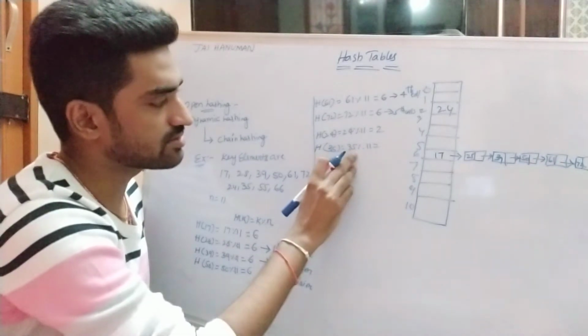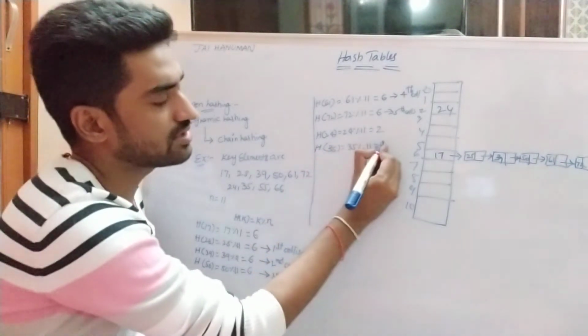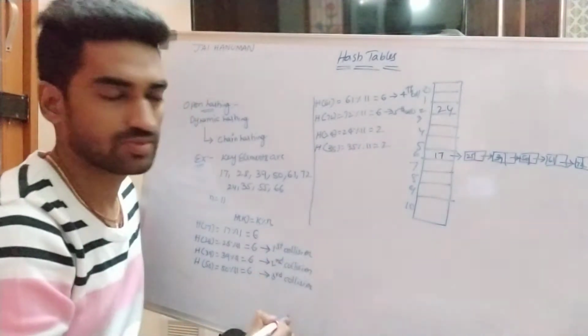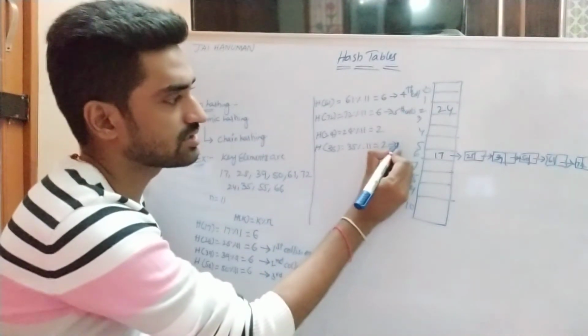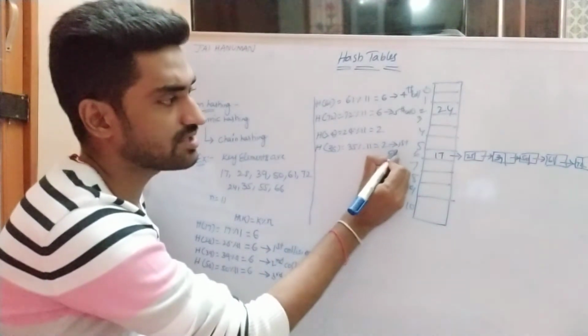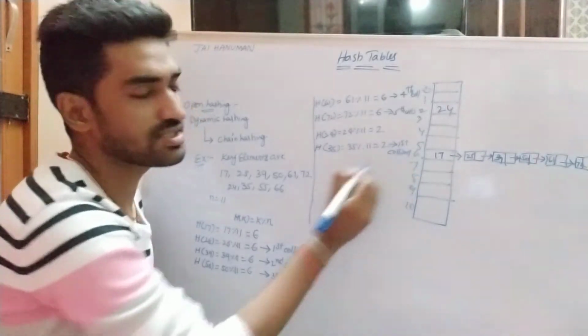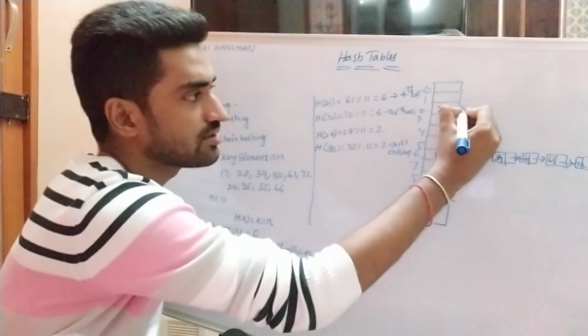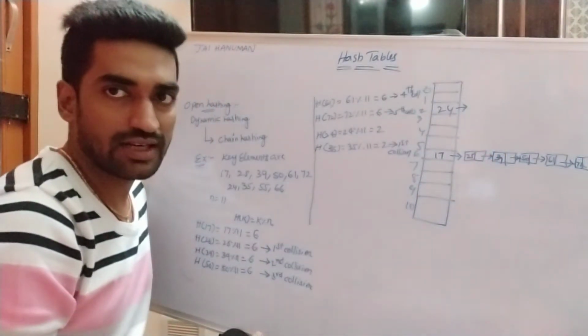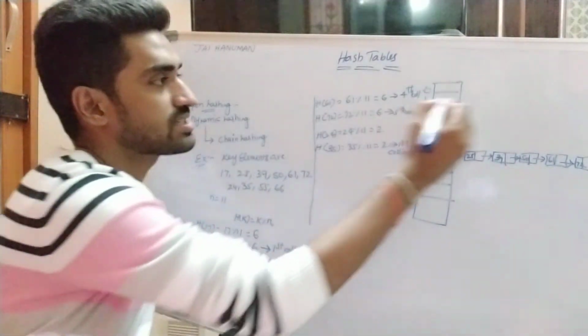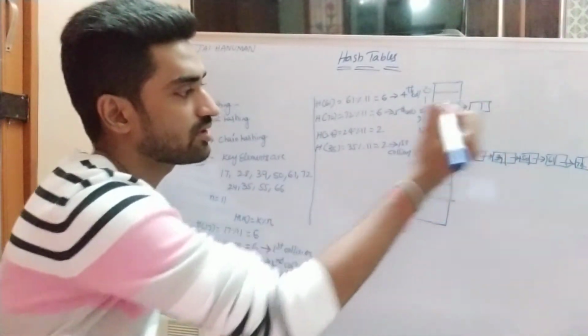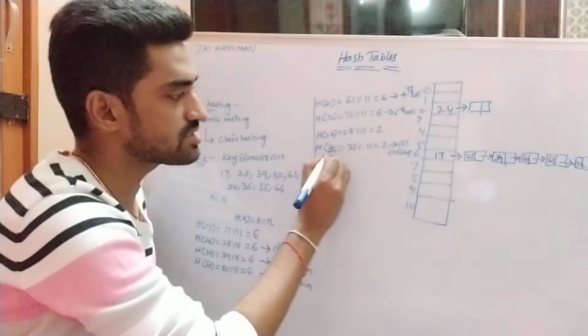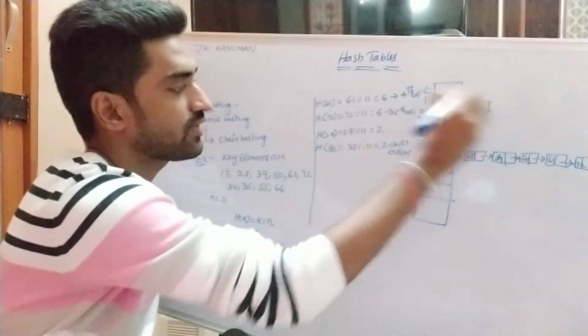So 11 threes are 33. It returns 2. So first collision has occurred at second position, right? So that's why here I am creating one linked list with the help of chain hashing mechanism. So here I am creating one node. At that node I am placing key value 35.